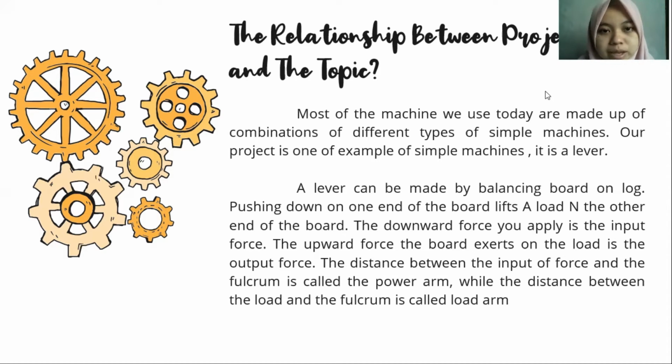The lever can be made by balancing a board on a log, pushing down on one end of the board and lifting on the other end. The downward force you apply is the input force and the upward force on the load is the output force. The distance between the input force and the fulcrum is the power arm, while the distance between the load and the fulcrum is called the load arm.